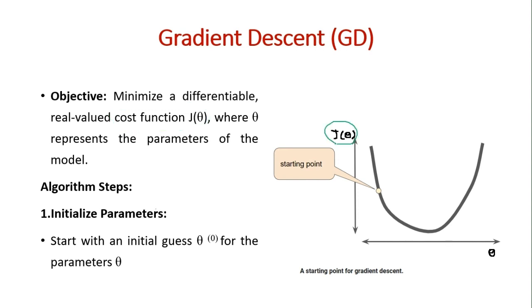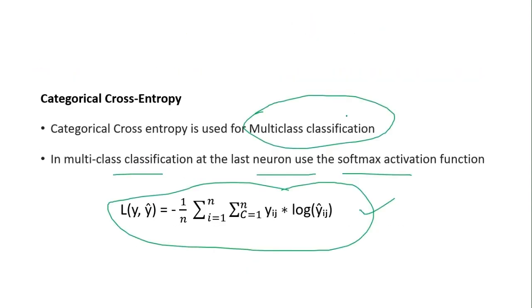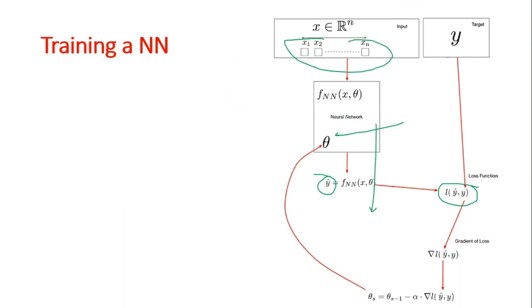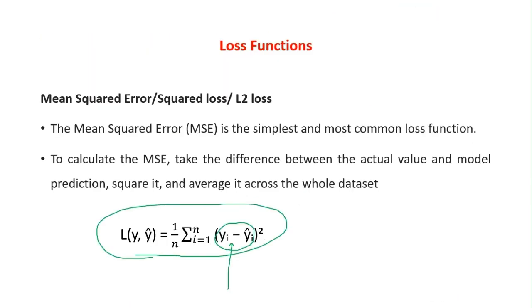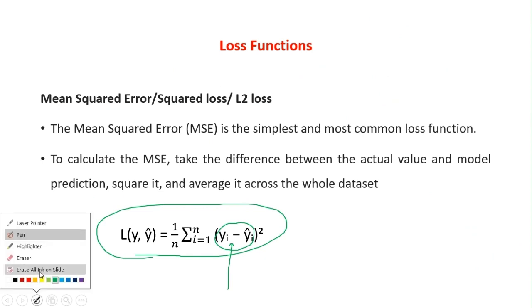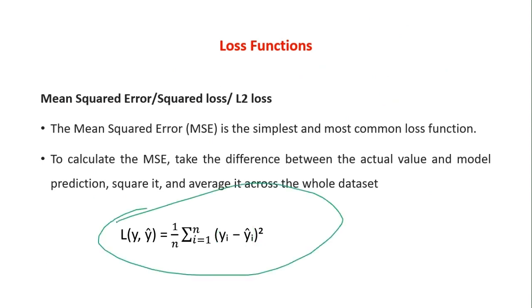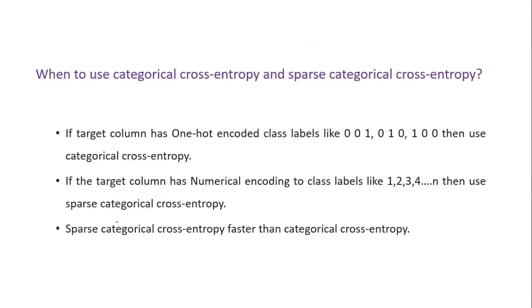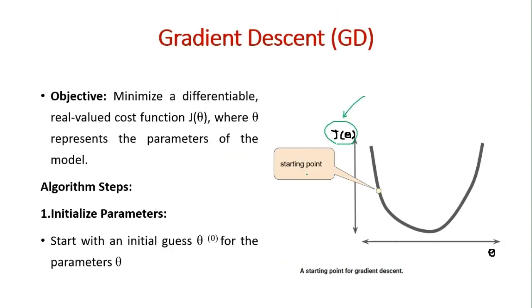Okay, so anyway, we are going to minimize this cost function. For example, take the loss function, which is the mean square error, that we have represented here as j of theta.